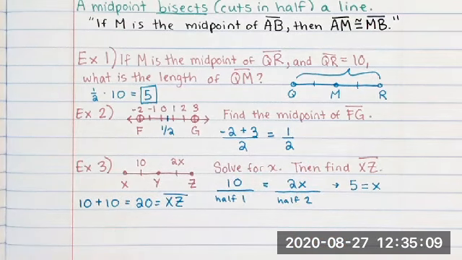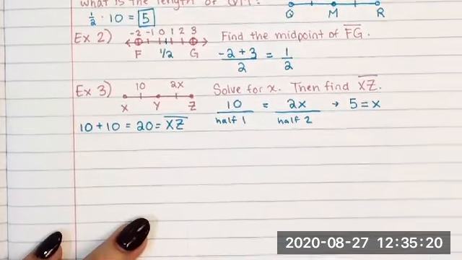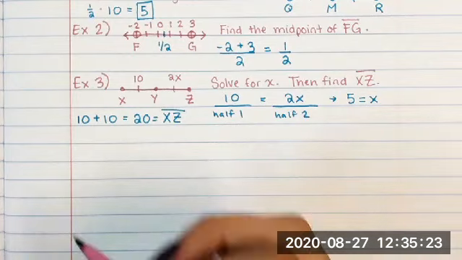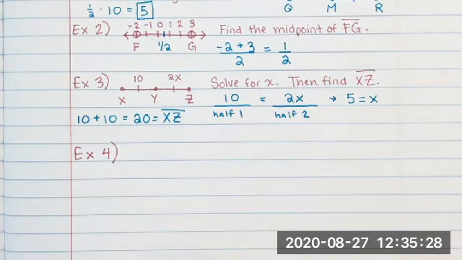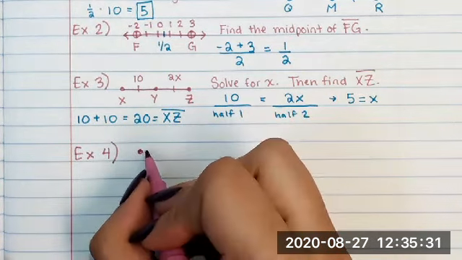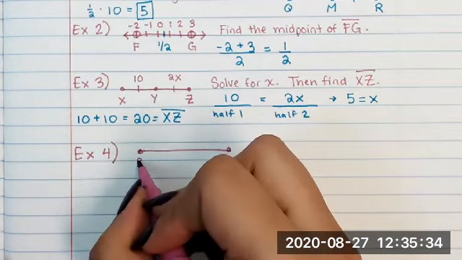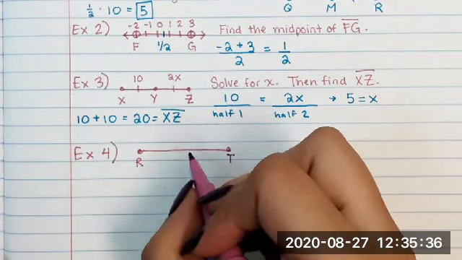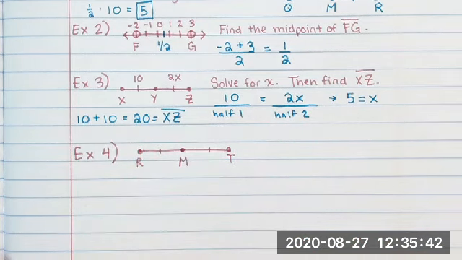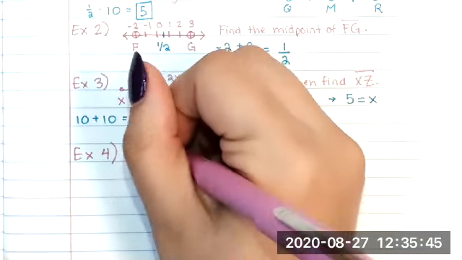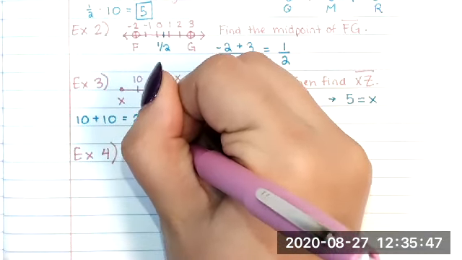Again, I like to use simple examples so that everyone is able to follow along with the concept. But today, let's actually work through a pretty complicated example. So for this one, we have line segment RT, and right in the middle, we have our midpoint M. From R to M is 5x plus 9.